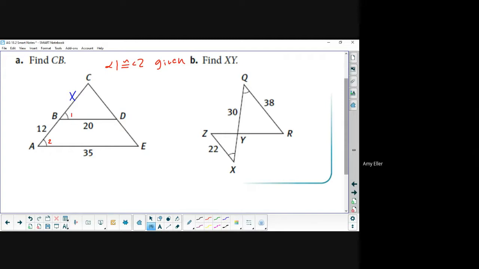No other angles are listed. Do you guys have an idea? This came up yesterday. Maybe if I highlight it, it will help. Here's the blue triangle. It has 3 angles.